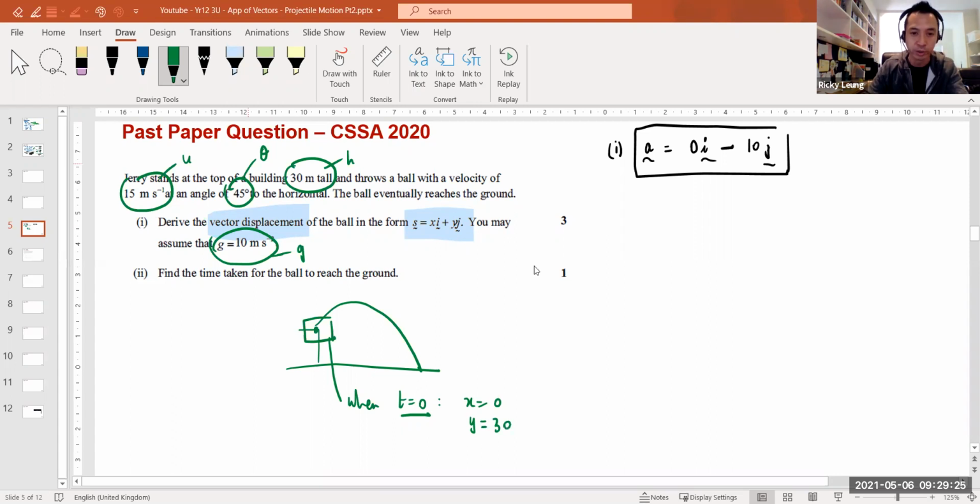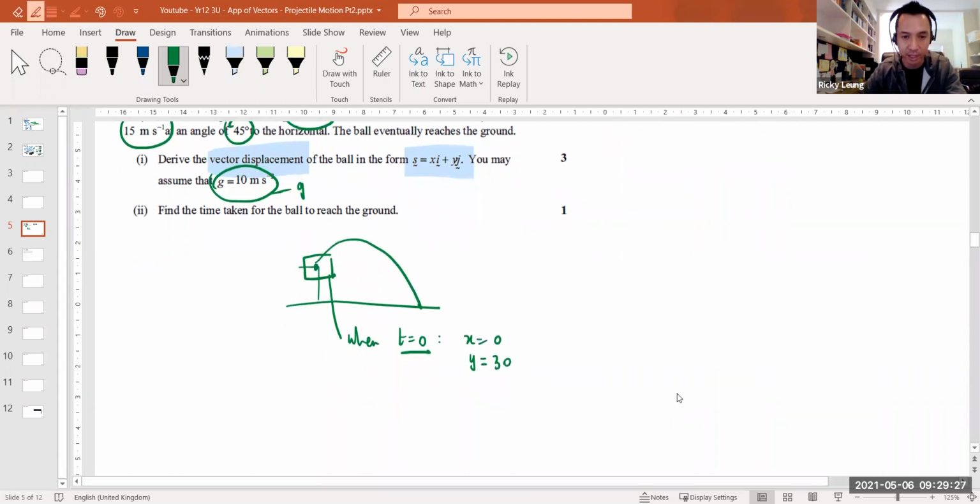I also know that initial velocity diagonally is 15. It's at 45 degrees, which means this one here is going to be 15 sin 45. And this one's 15 cos 45. So both the same because cos and sin 45 are the same.